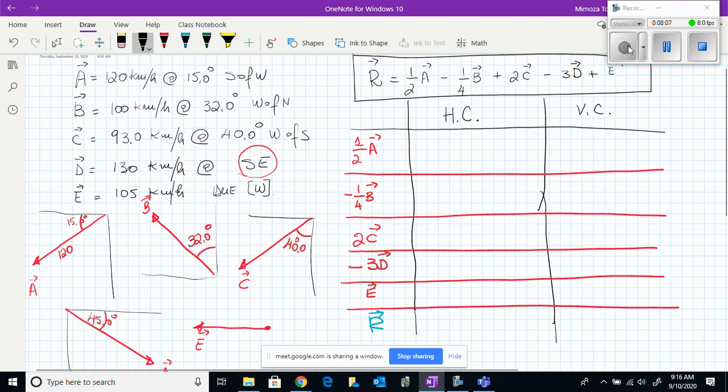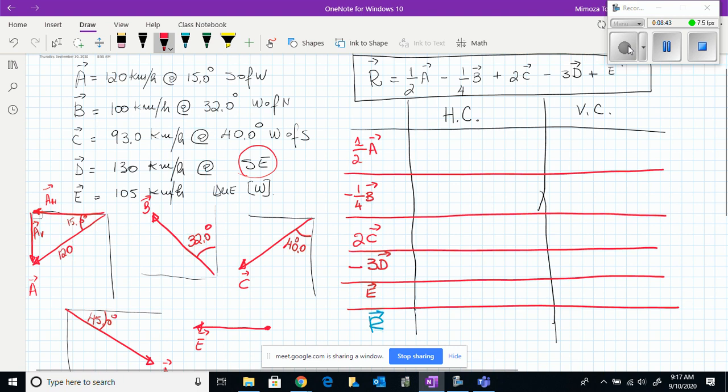So the rule to find the horizontal component and the vertical component is to build the right angle triangle, including the given angle. For A, it will look something like this. This will give us 2 components, which are vectors. So this will be the horizontal component because it is along the horizontal axis. And this will be the vertical component because it is along the vertical axis.